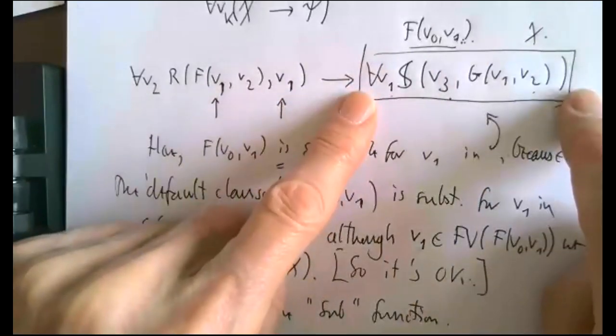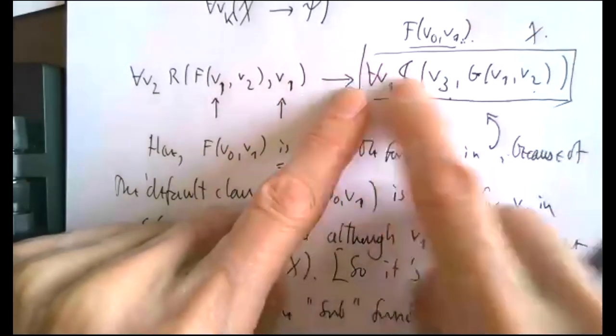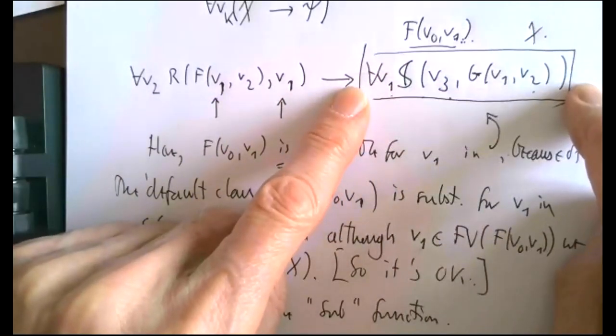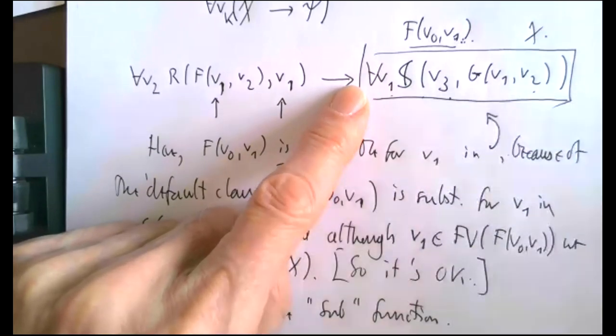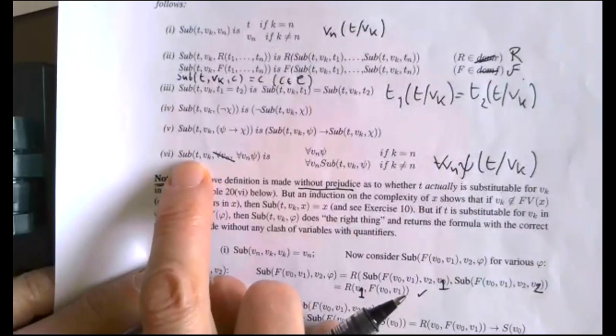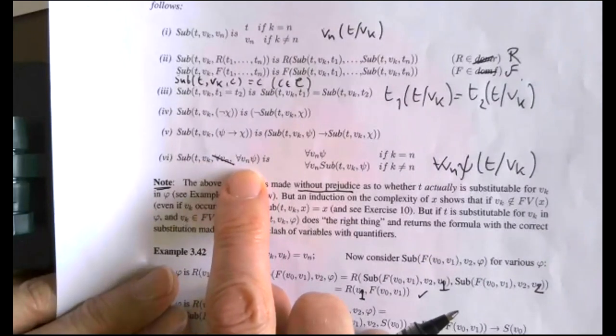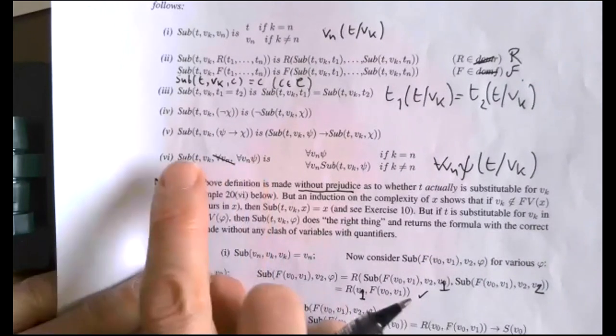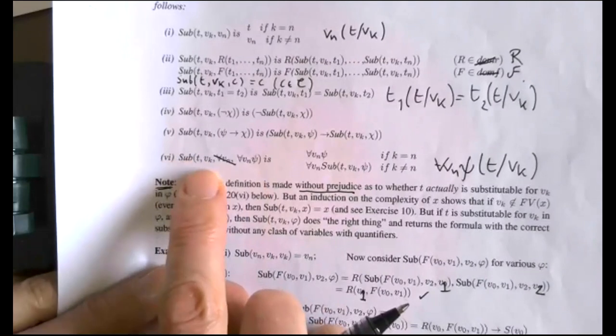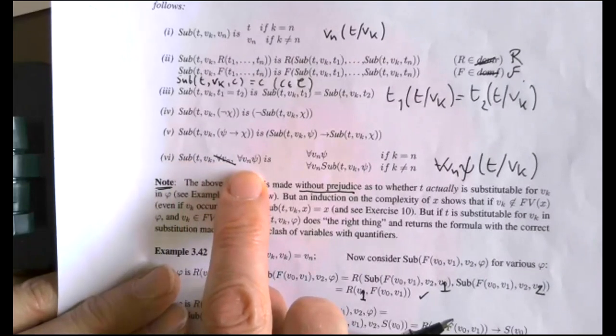Now when I come to substitute the function in the second part over here, the result is actually it does nothing. Here's substituting t for vk in for all vn psi. Here I've got this function f substituted for v1 into this formula that begins for all v1.